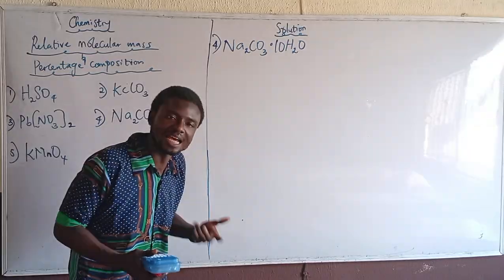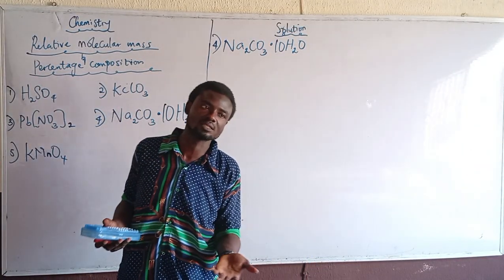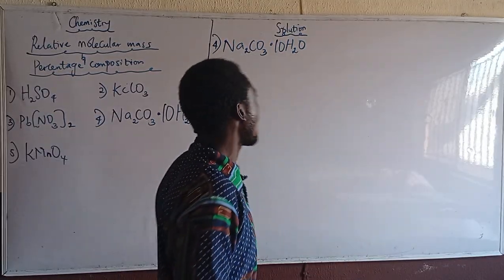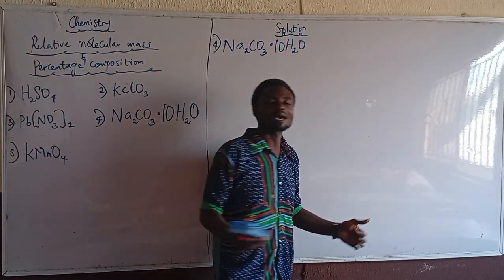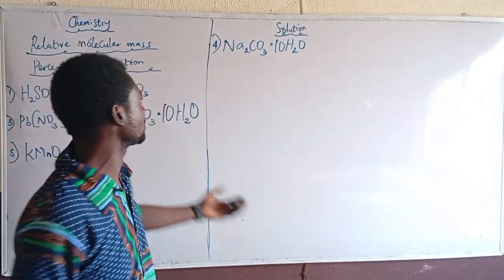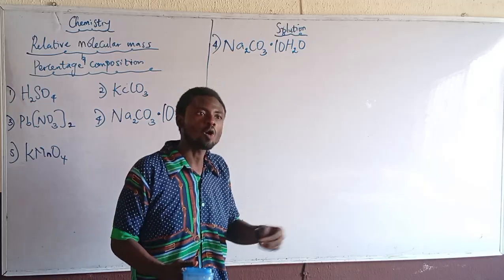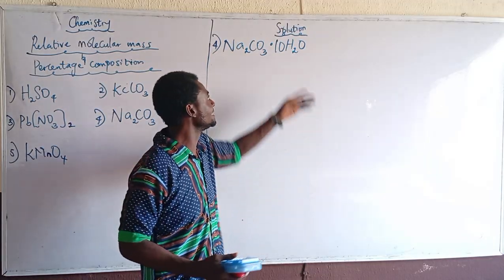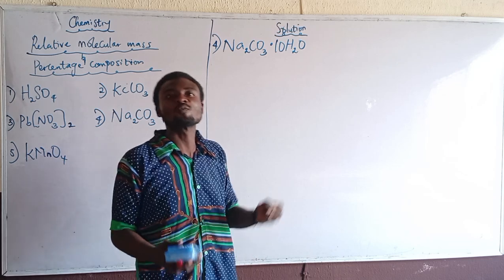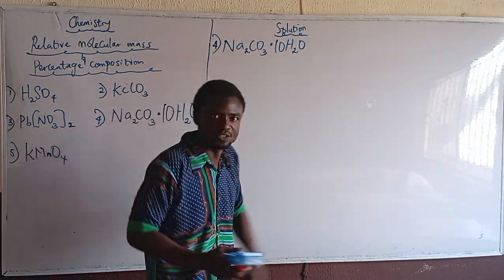Now why is it decahydrate? Because of the 10. Don't forget, in our mathematics, our 10-sided polygon is called decagon. And when we check our organic chemistry, our alkane and alkyne series, we are made to understand that the 10th member of the family of alkane is decane. The one of alkene is decene. The one of alkyne is decyne. That's why it is decahydrate.